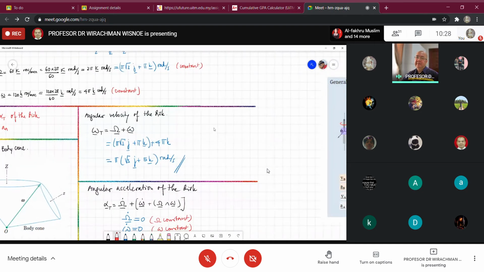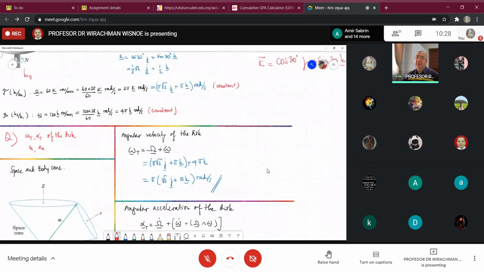Okay, we have capital omega, which is 2 pi capital K, and then we have small omega, which is 4 pi small k. You cannot add because the directions of the frames are not the same, the direction of the axes. So if you convert this one to the small k, or you convert this one to the capital K frame, you can do it.